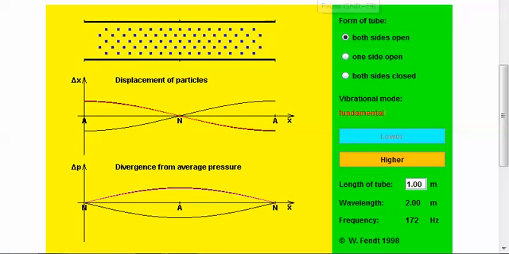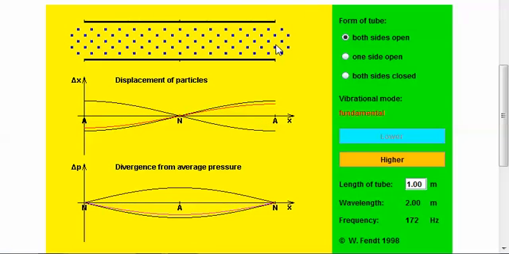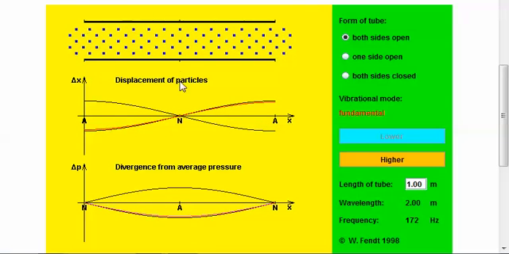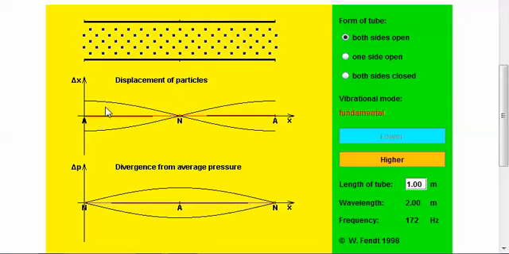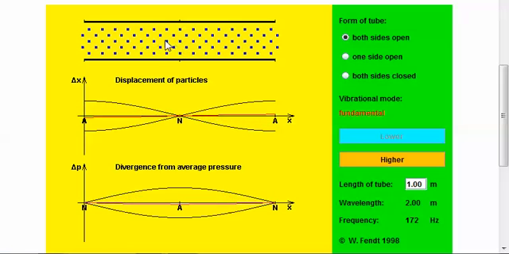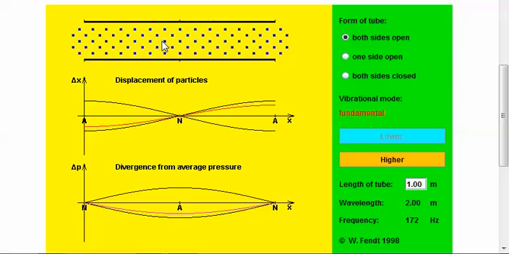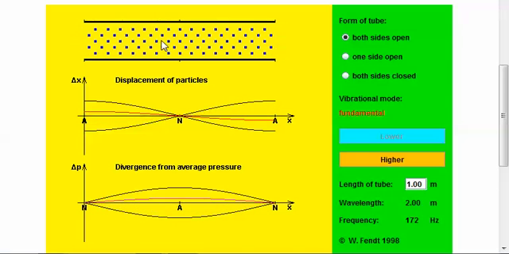And nodes and antinodes have to alternate. So if we have an antinode here and we have an antinode at the other end, we must have a node in the middle. And this is our most basic, simple wave we can possibly get. Now, drawing these air molecules vibrating longitudinally is like impossible. Okay?